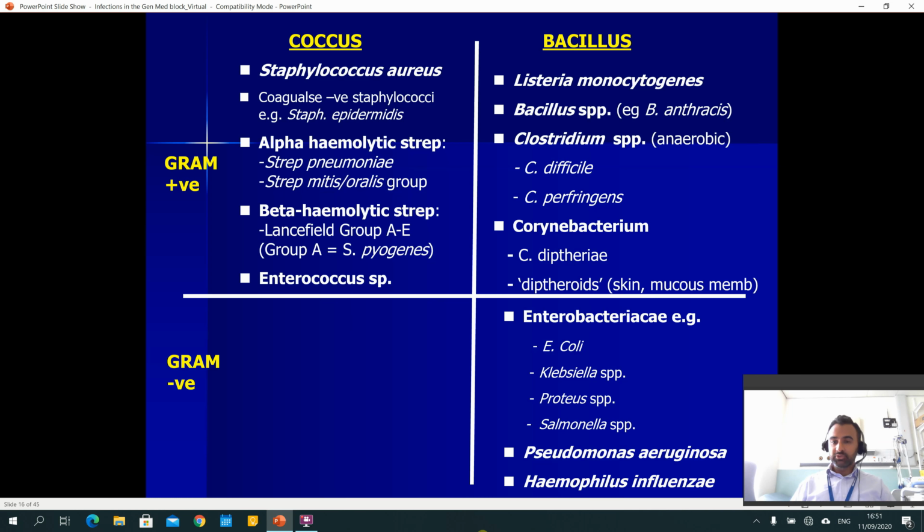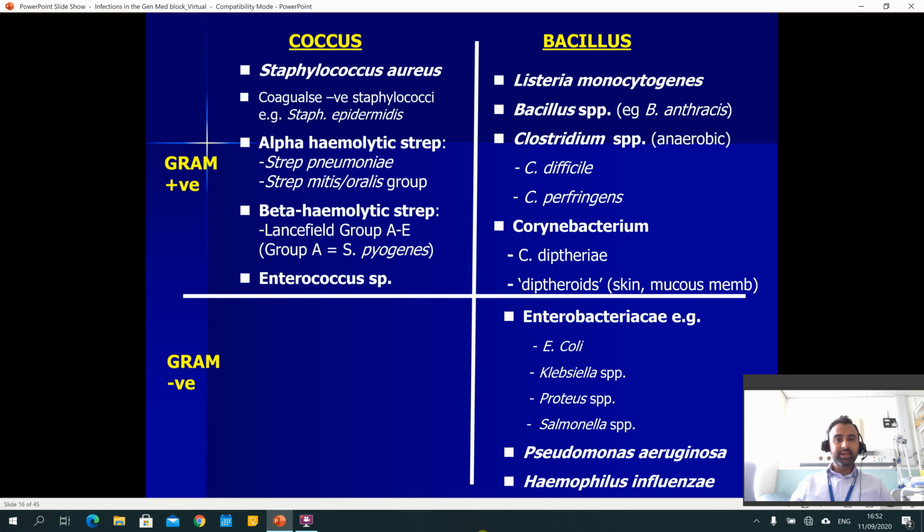It's quite difficult to get rid of and can be quite virulent, and only certain types of antibiotics actually work on Pseudomonas compared to, let's say, your Enterobacteriaceae. And then there are other non-enterobacteriaceal gram-negative rods, such as Haemophilus influenzae, which you'll all recognize as a cause of pneumonia, less so now because we get immunized against this in childhood.